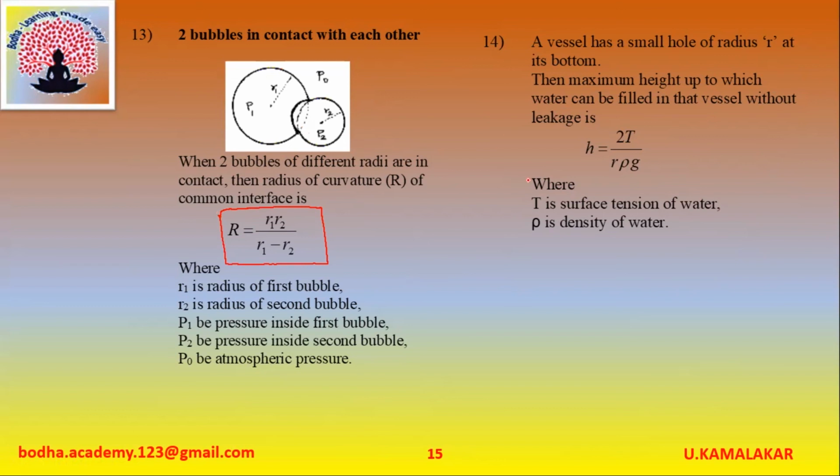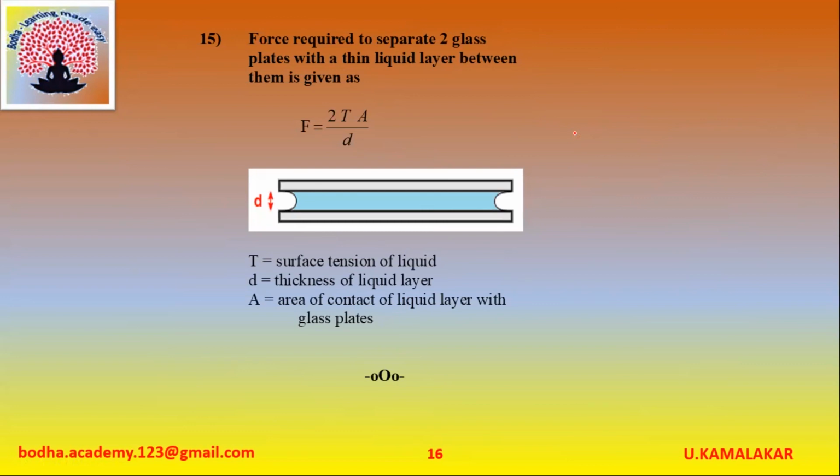Next topic. A vessel has a small hole of radius r at its bottom. Then maximum height up to which water can be filled in that vessel without leakage is given as h = 2T / (r ρ g), where T is surface tension of water, ρ is density of water. Last topic.